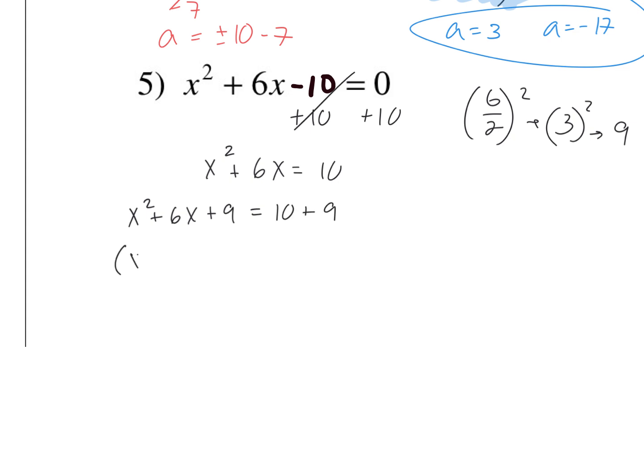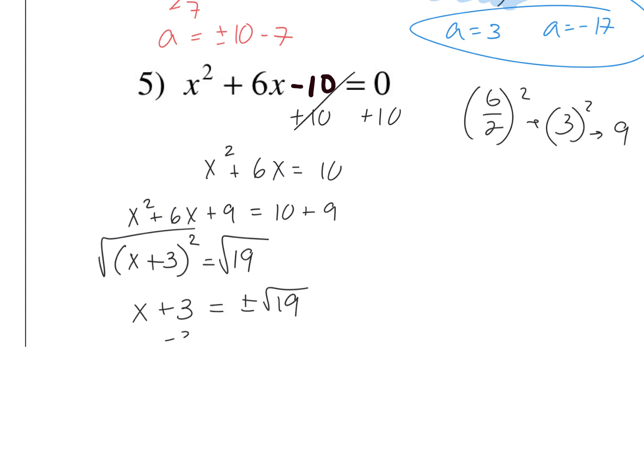This is going to be x plus 3 squared equals 19. I take the square root, I'm left with x plus 3 is equal to plus or minus square root of 19. I'll subtract the 3, and I get x is equal to negative 3 plus or minus root 19.